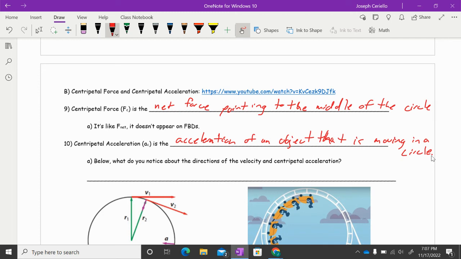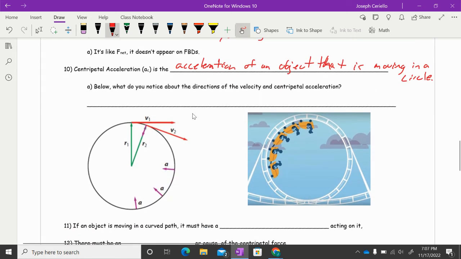Be careful here. Centripetal force, centripetal acceleration. These are very different than centrifugal. Okay, we'll discuss that a little bit later on, what that other term means. But centripetal means center seeking. It always points to the middle of the circle.